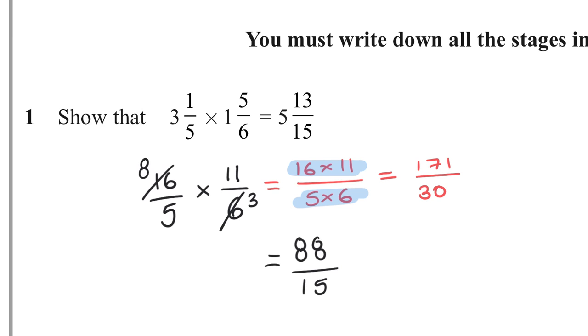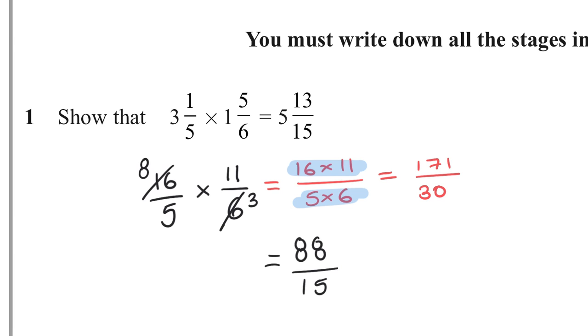Either way, if you do the red, these 2 or this one with this cancelling, there is your second mark. Right. Then the third mark is dependent on this. If you haven't shown either all the black working or the beginning black and then the red working, you cannot obtain the last mark. The last mark is then converting this top-heavy fraction into a mixed number.